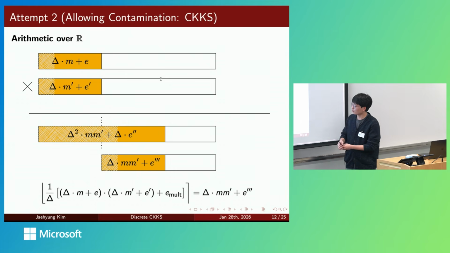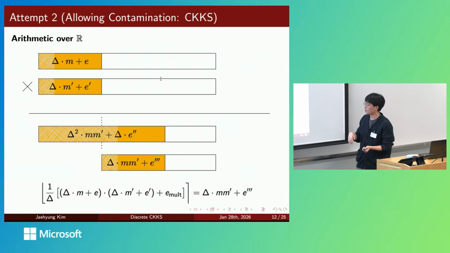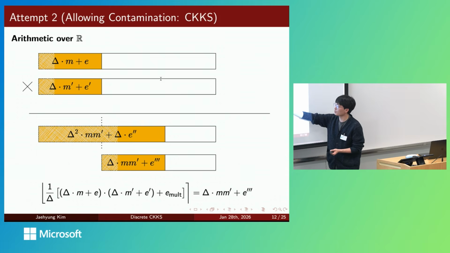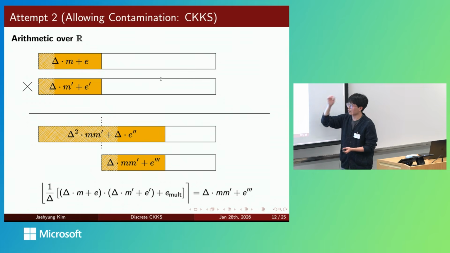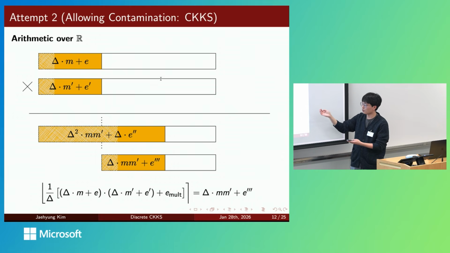And so now we don't have the error accumulation problem, so we don't need to bootstrap in the BFV bootstrapping sense. But now the problem is that every time you multiply, you actually cut your LSB, and the bar is getting shorter and shorter as you proceed.